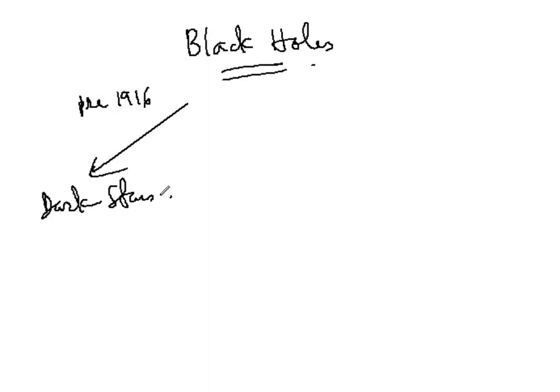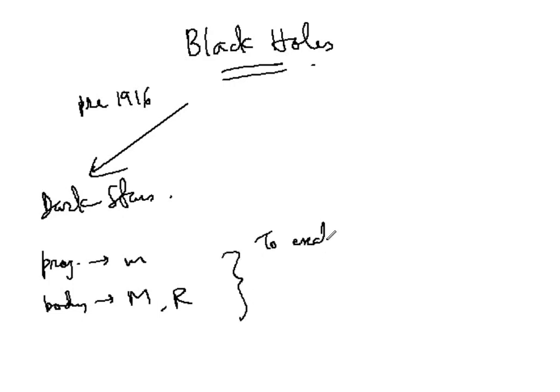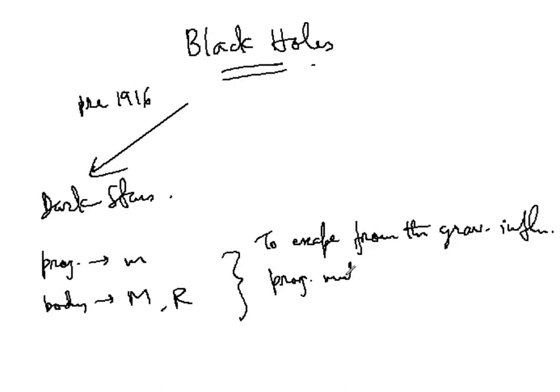Suppose we have a projectile of small mass m, launched from the surface of a spherical body of mass capital M and radius capital R. In order to escape from the gravitational influence of the body, the projectile must gain gravitational potential energy.